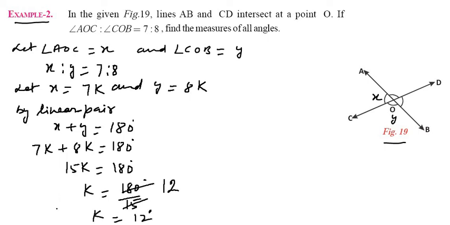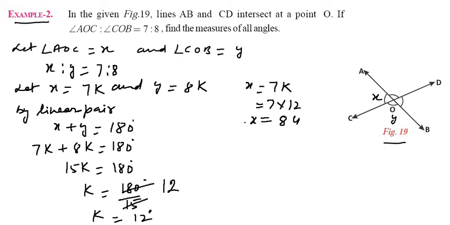So now we can find x and y also. So what will be your angle x? x will be equal to 7k. So 7 into 12.